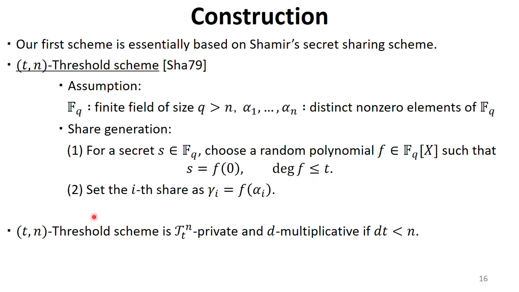And we give the player i the value at alpha i. Then any subset of size at most t is forbidden in this threshold scheme. And this scheme is known to be d-multiplicative if dt is less than n.